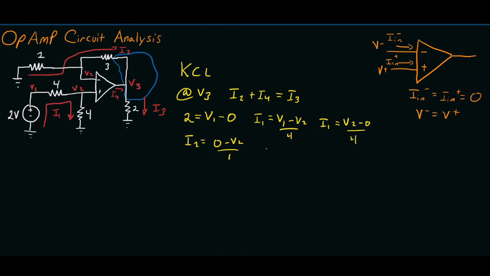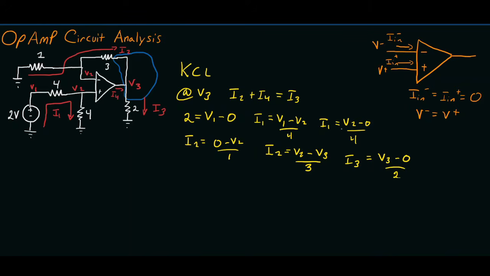And the 3 ohm resistor will be I2 is equal to V2 minus V3 divided by 3. And our last resistor is going to be that I3 is equal to V3 minus 0 divided by 2.